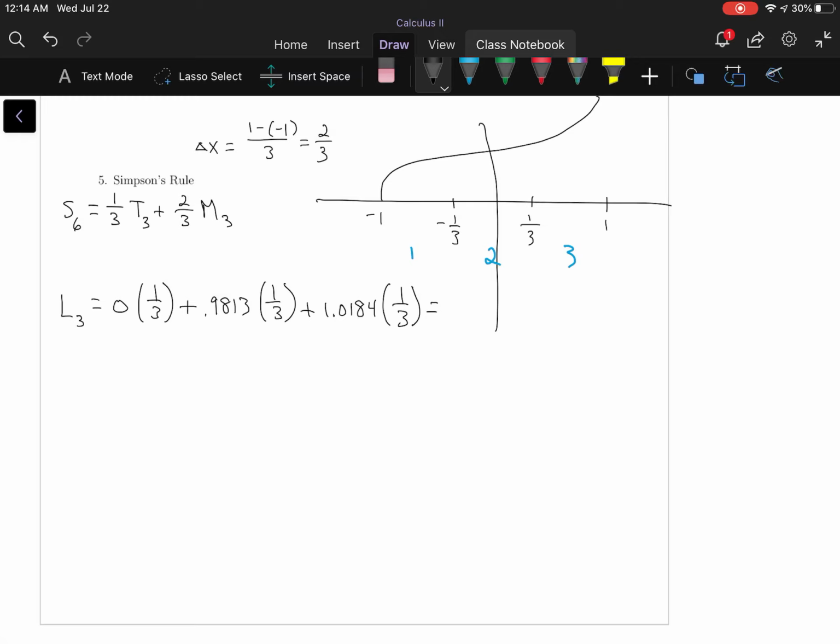And this is going to give an area of 1.3331.